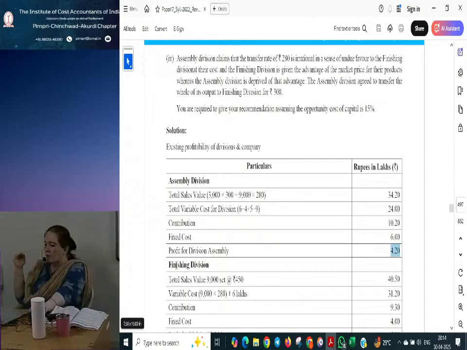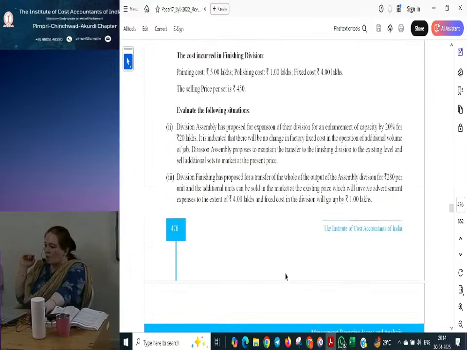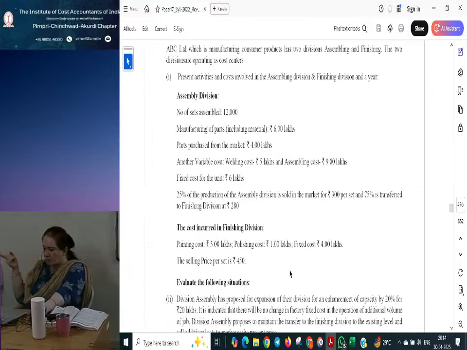Now coming to the finishing division. What is their total sales value? 9,000 units are getting transferred to the finishing division at rupees 280, which they are selling in the market for 450 rupees. So 9,000 into 450. But what are the additional costs they are incurring? 5 plus 1, 6 lakhs on painting cost and polishing cost.